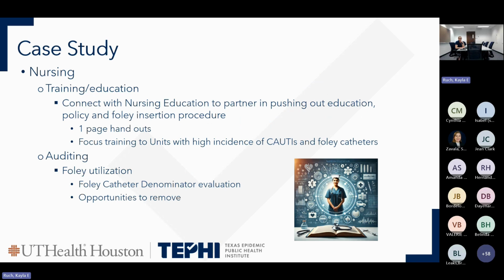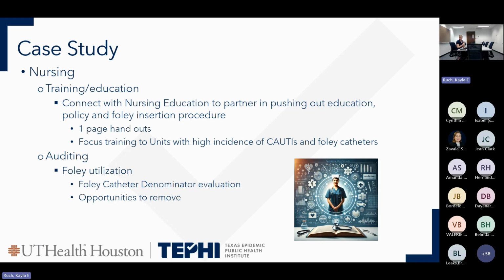So for nursing, what we identified from our root cause analysis is training and re-education. So you'll tap into your nursing education team to provide nurses with new education, pushing out education that can involve watching, auditing, monitoring, and pushing out the policy and procedure of insertion practice.